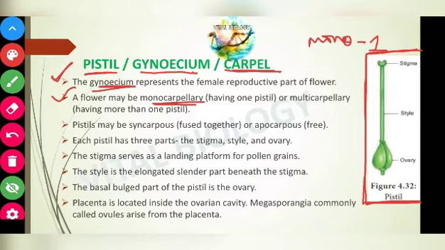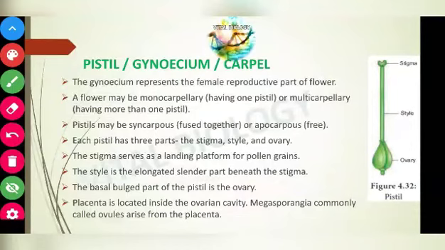Whereas it may also be multicarpellary, meaning more than one pistil or more than one carpel. This single carpel you can call monocarpellary. If there is more than one carpel or pistil, then it is called multicarpellary.